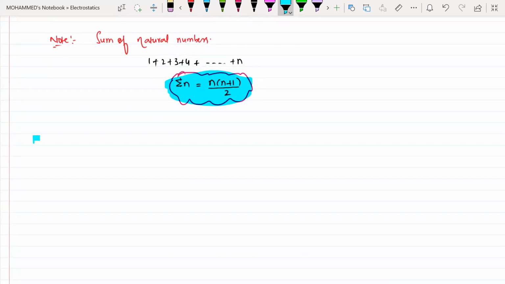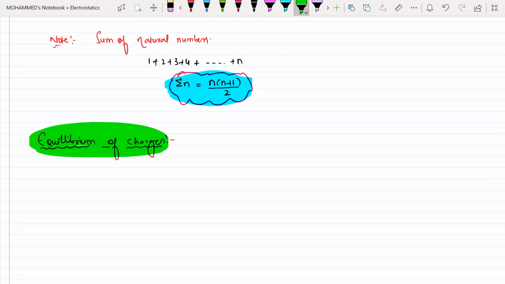Next one is equilibrium of charges. So tell me, when will it be in equilibrium? Whenever the net force acting on the system is 0.